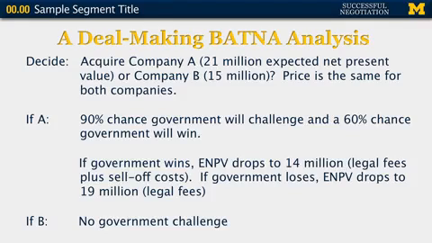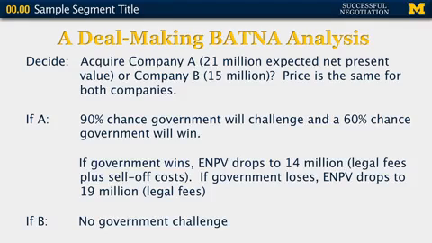The price is the same for both companies. Now, if you stop there, the decision would be easy. Of course you would acquire company A if the price is the same as for company B because of the different valuation. However, the problem is that if you acquire company A, there's a 90% chance the government will challenge the acquisition and a 60% chance the government will win.